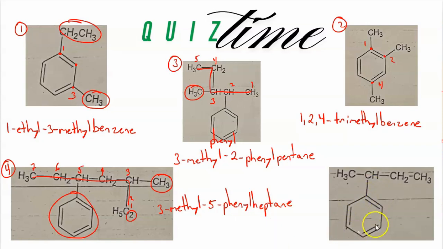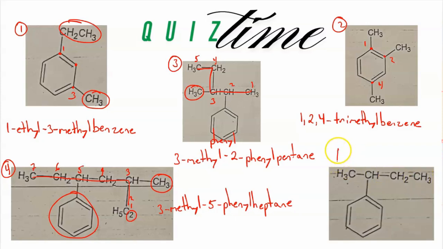Now this one's interesting because we could simply say this is butane with a phenyl group on the 2nd carbon. So you could say 2-phenyl butane. But we can also use the other naming system and say this is a benzene ring connected to the 2nd carbon in a butyl group.